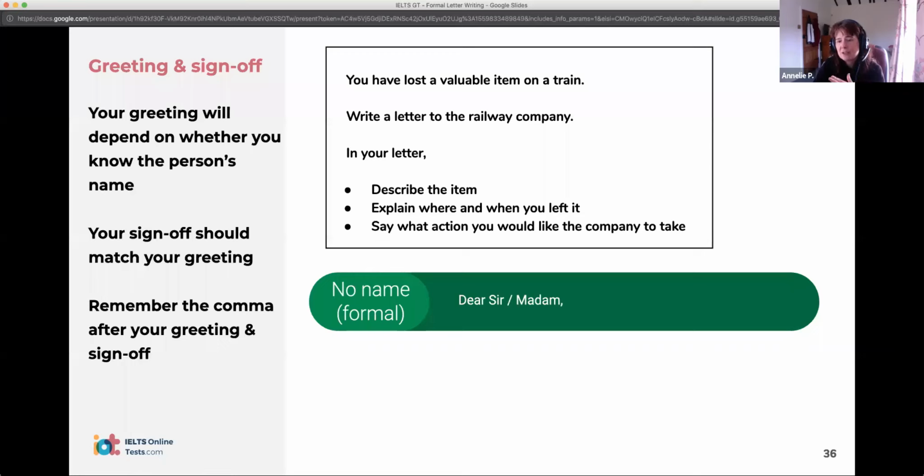How are you going to sign off if you start, dear sir, madam? I'm coming to it. Don't worry, it's coming up. How do you finish a letter if you don't know the name and you start, dear sir, madam? Okay, good. Yours faithfully.